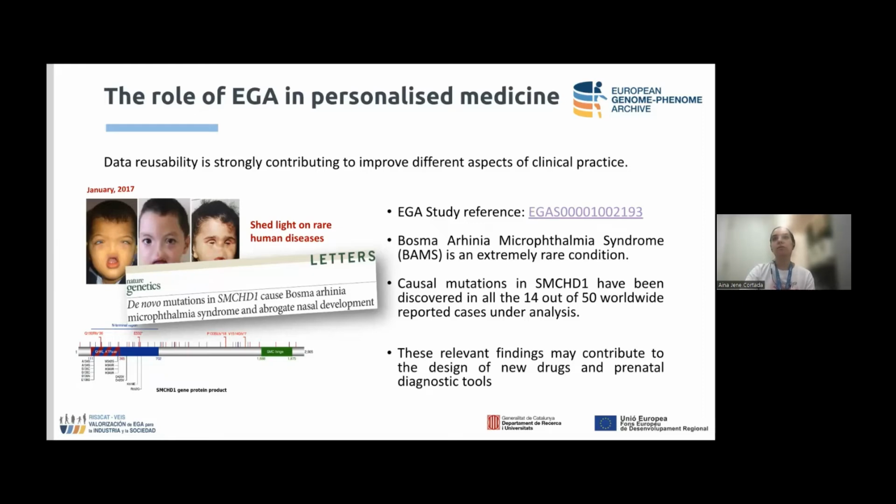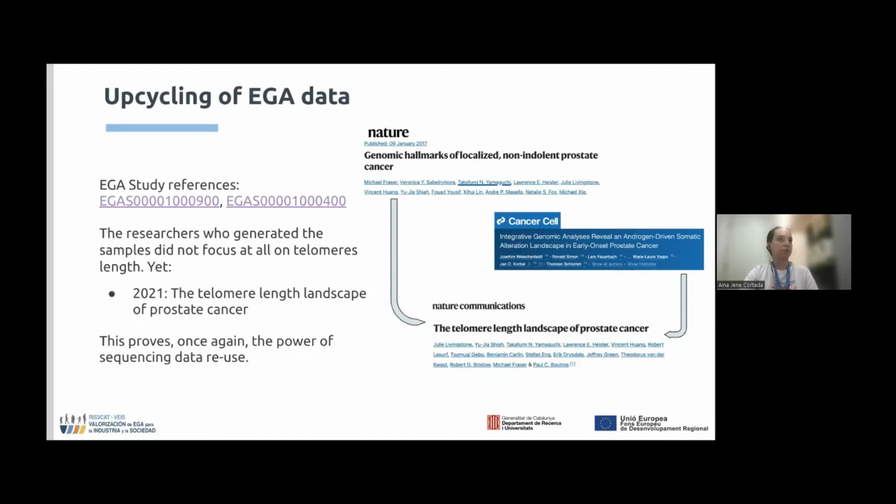Another example of upcycling of EGA data is this one. Here again we have 2 different EGA study references, here's one and there's the other, both released and available under controlled access in our repository. At 2 different points in time, 2 different research groups deposited data at the EGA related to prostate cancer.